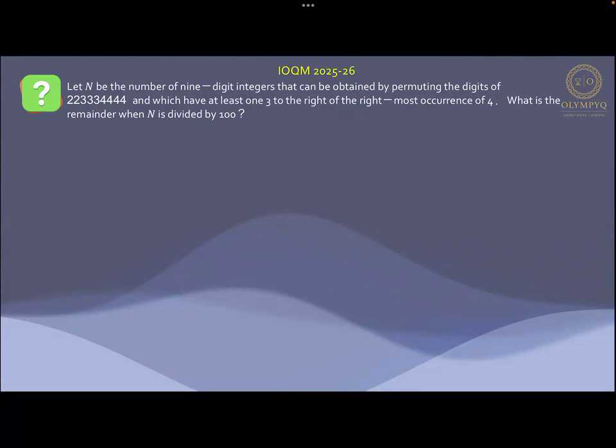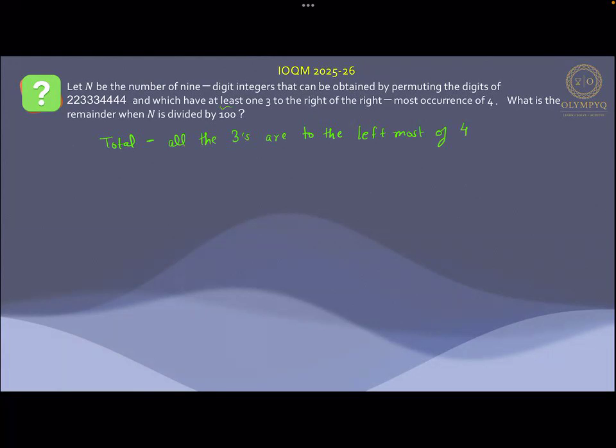Now, to find such numbers which satisfy this relation, first of all, I'm going to write the total number of numbers that is going to be possible, minus the count where all the threes are to the left of 4.